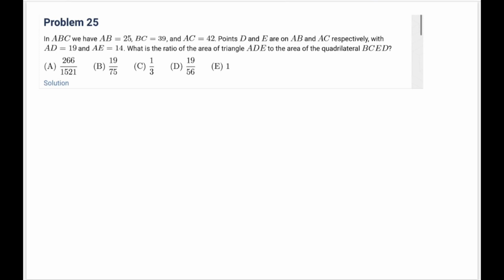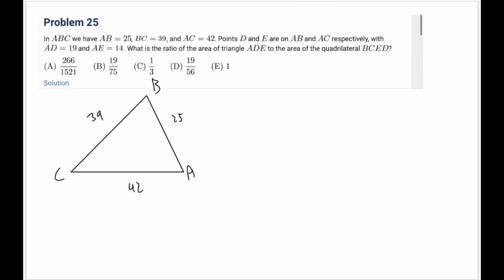Okay, so we have triangle ABC like this. Yeah, this is better. Let's say that this is A, B, C. This is 25, this is 39, this is 42. D and E are on AB and AC respectively, with AD equals 19 and AE equals 14.